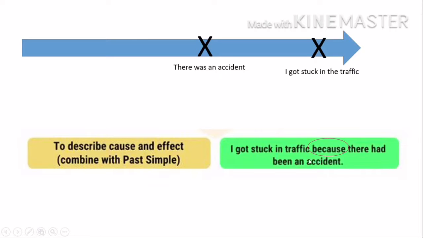There had been an accident. Now remember, auxiliary had, the verb in past participle. Remember, is, was and were are simple past, and been is a past participle. As you could notice here, we could also use because as a connector. We could use when, because, and we're going to continue seeing more connectors.